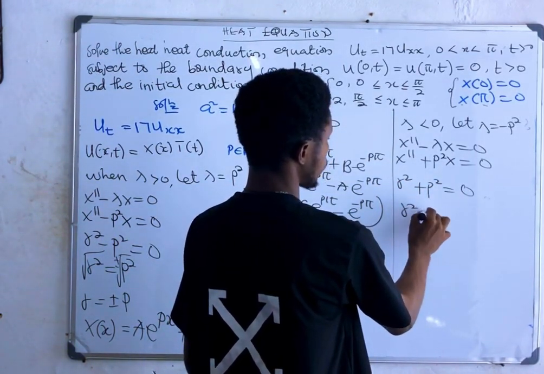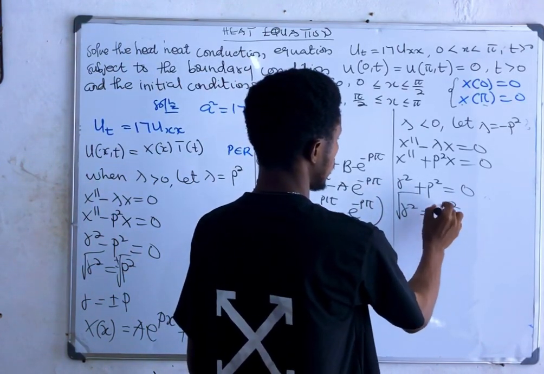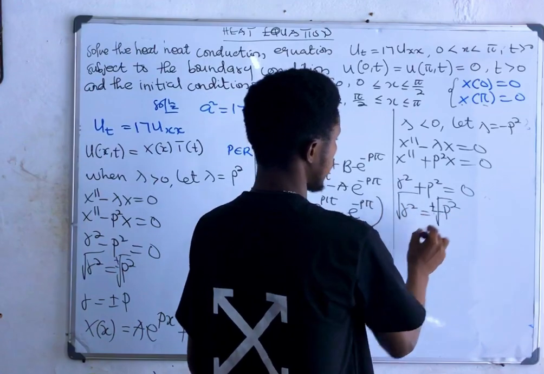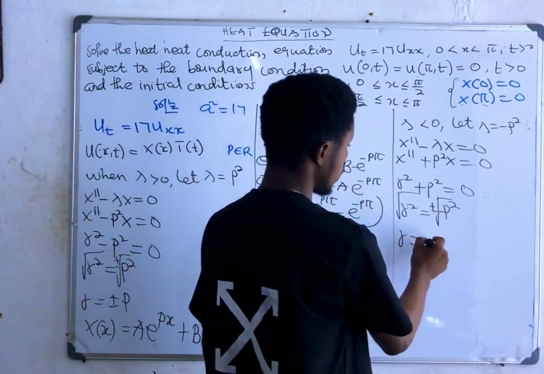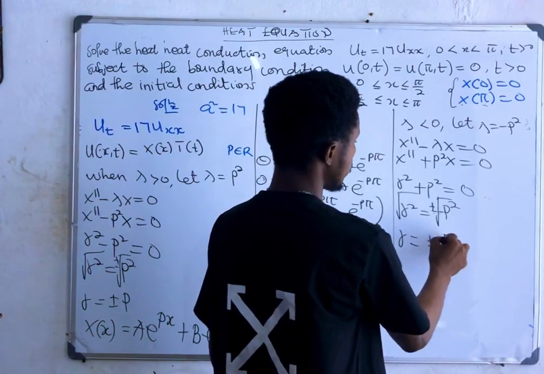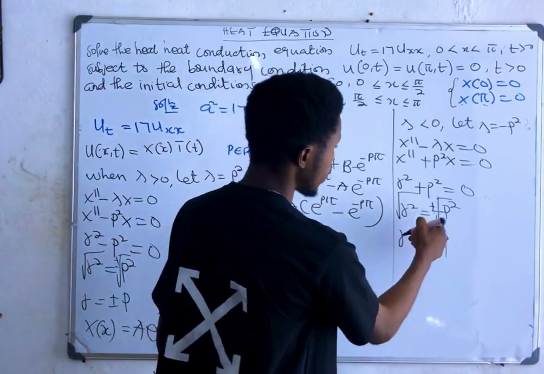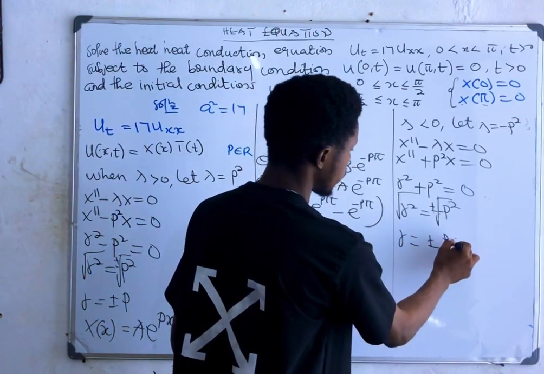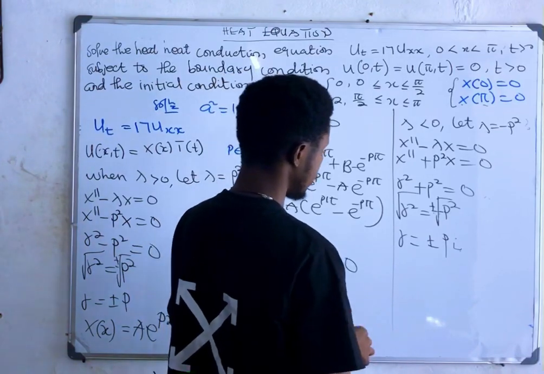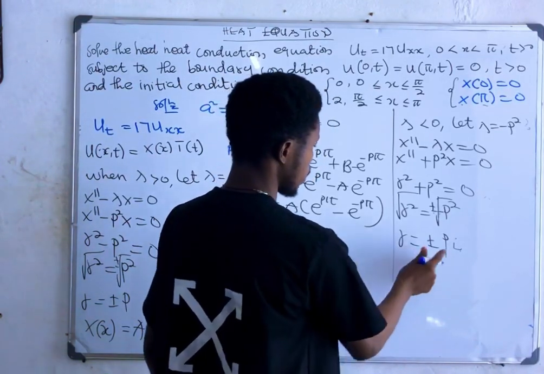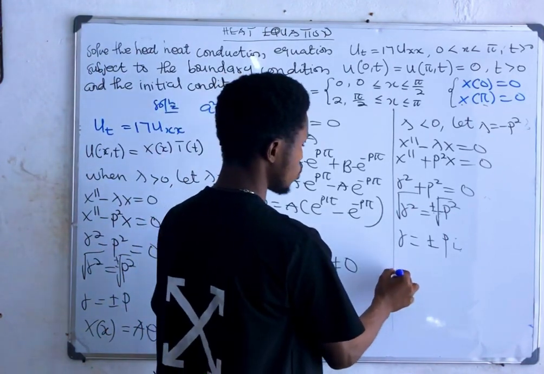r squared equals negative p squared, plus or minus will be here. So I'm going to have r equals plus or minus i p. So the solution for this one too, but remember, because of the negative, you bring i here. So this one is going to give you this is a complex. So for the complex, I explained it in the other video. That one is going to give you this.